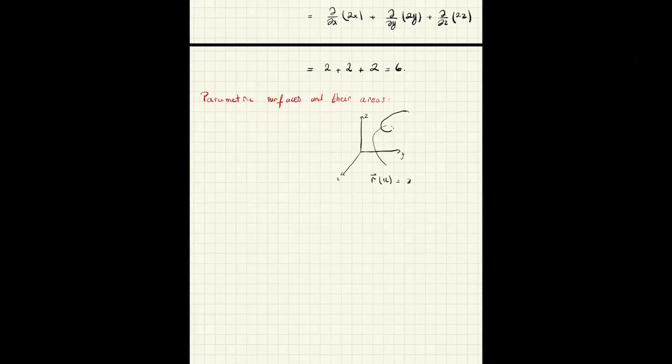It's some function x(u) i plus some function y(u) j plus some function z(u) k. Now, if you have a surface in space, you'll need two variables.